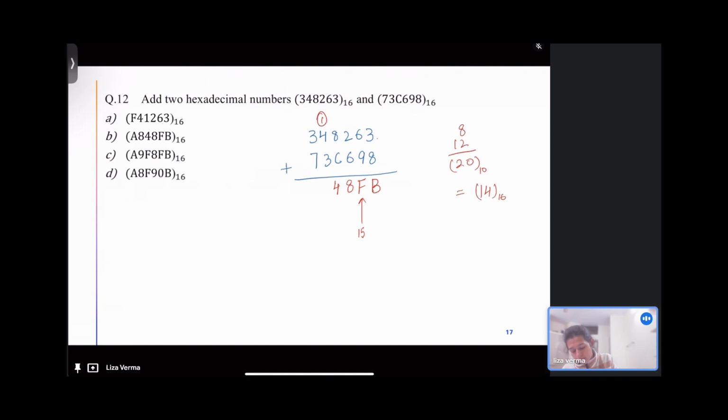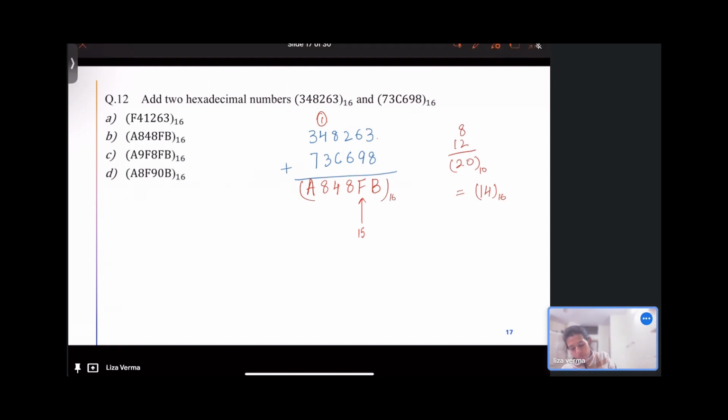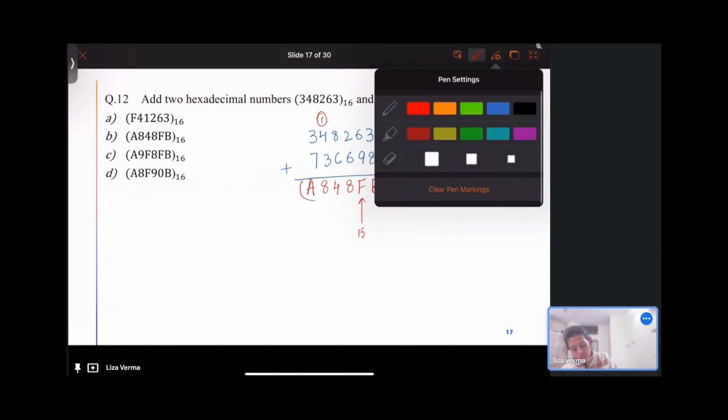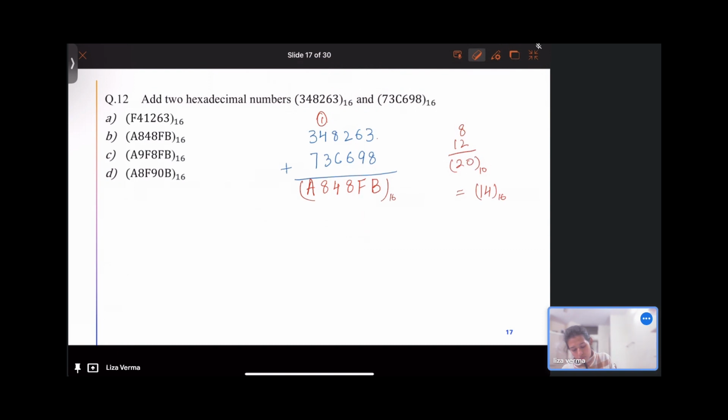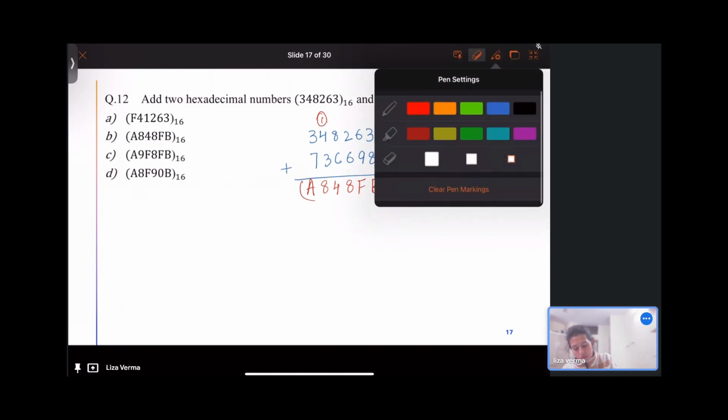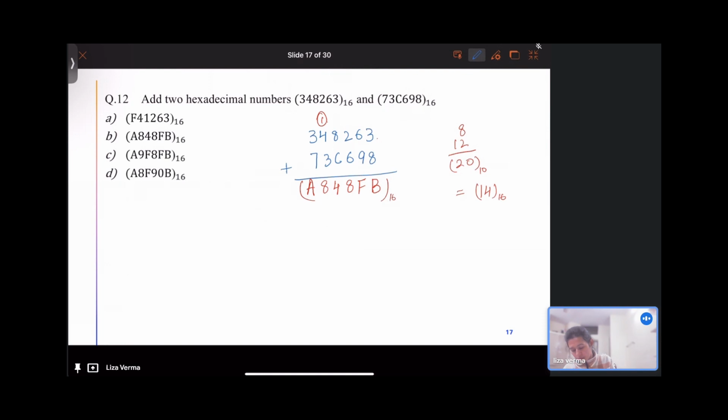So 4 plus 3 plus 1 is 8 again, and 3 plus 7 is 10, which is A. So this is our output from this addition operation between the two numbers. Let's see if we have the correct option here. Yes, B is the correct option.